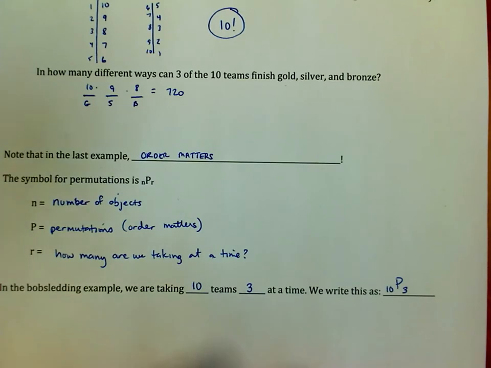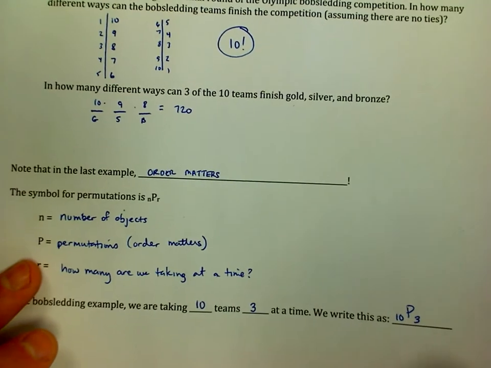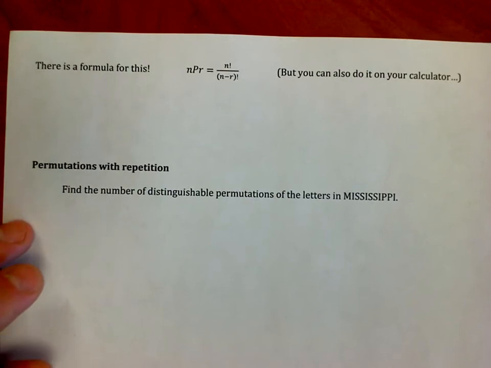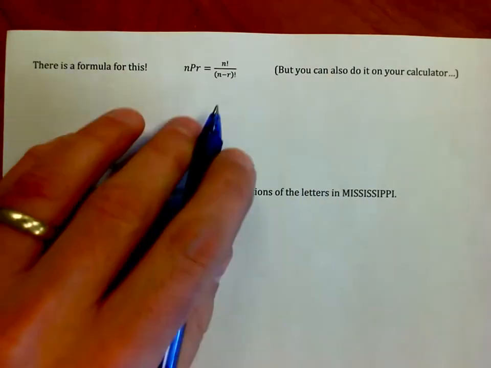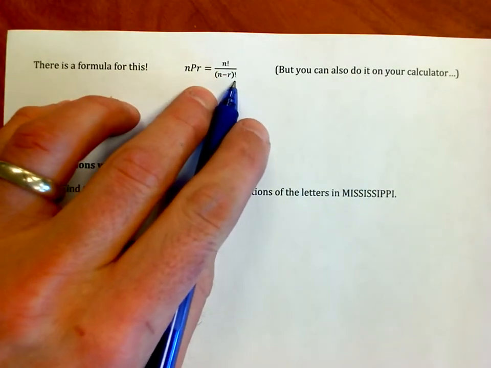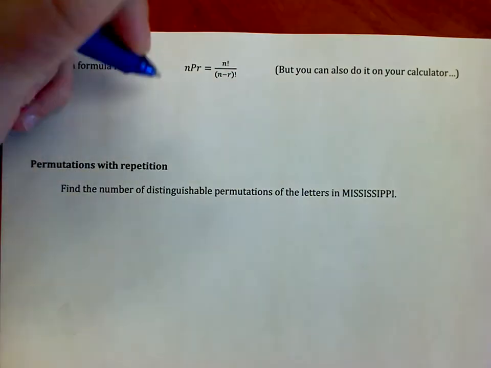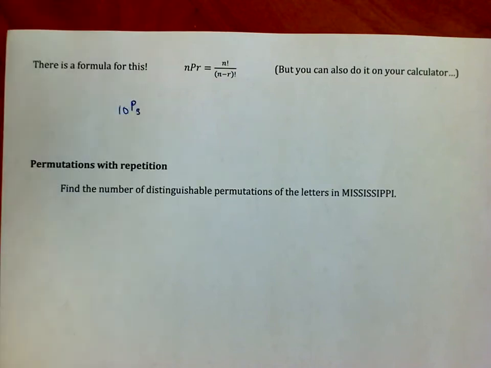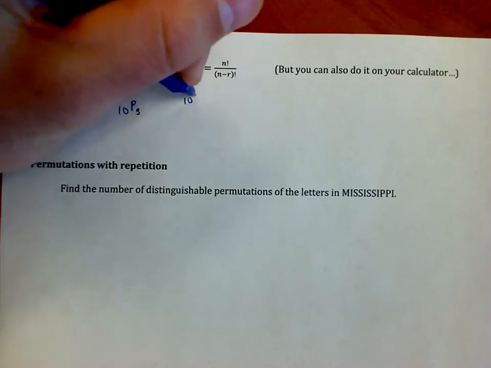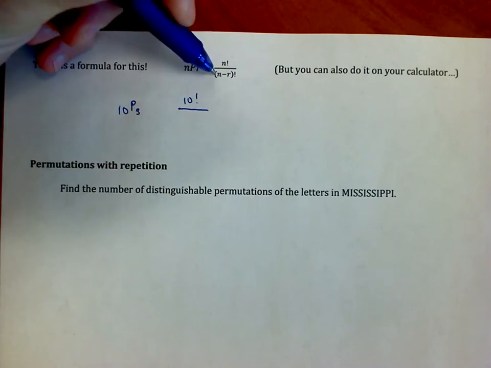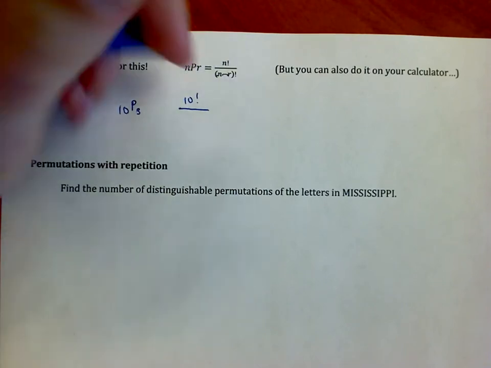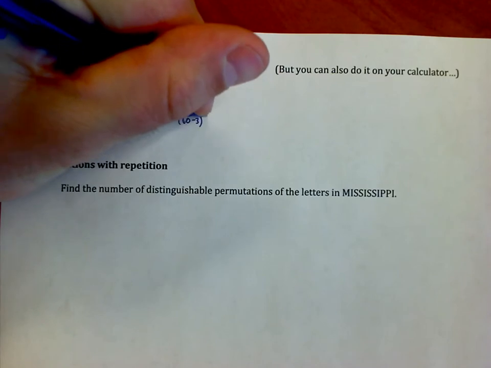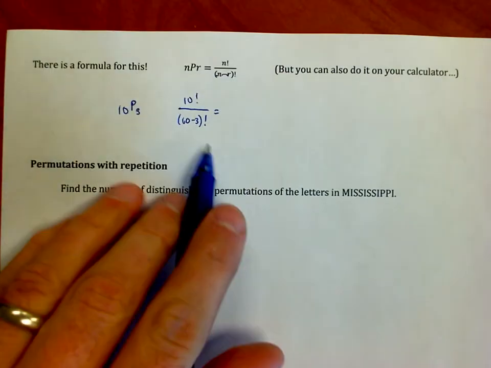How do we do this quickly and easily? So with that in mind, 10 nPr 3 is what I would say, 10 permutations taken 3 at a time. There is a formula for this. The formula for nPr is n factorial over n minus r factorial. So if I'm going to do 10 nPr 3, like the bobsledding problem, I would get 10 factorial over 10 minus 3 factorial. Well, when I do that, I need to go ahead and simplify.